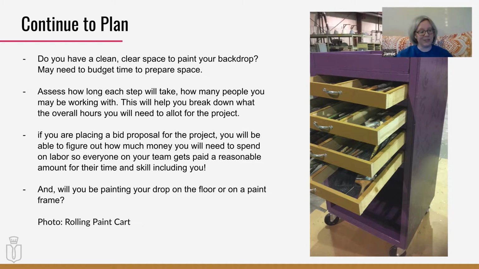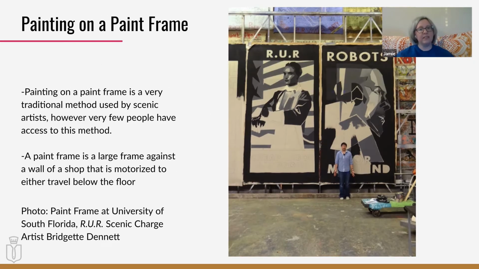So that'll take us to our next section. Painting on a paint frame is a very traditional method used by scenic artists. However, very few people have access to this method these days, but it is a really wonderful space saver in the shop.